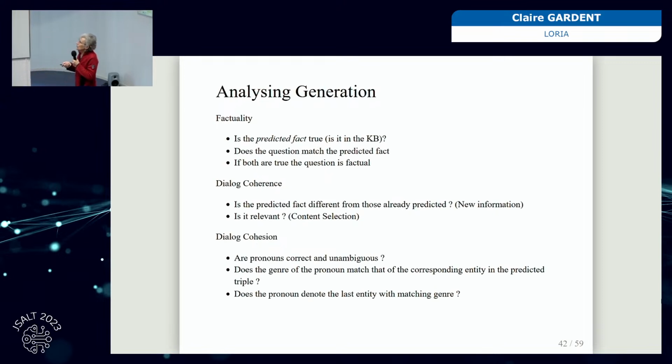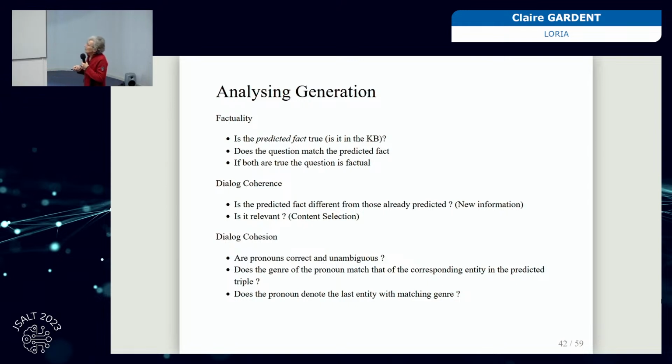This allows us to have a more transparent analysis of what's going on. It allows us to look at factuality, because we can look at the predicted fact and check whether it's in the knowledge base. Then we can look at whether the question actually matches the predicted fact, and if both are true, then we can assume that the question is factual. So it gives us an easy way to check whether the question is factual without having to compare a natural language question with knowledge-base triples.